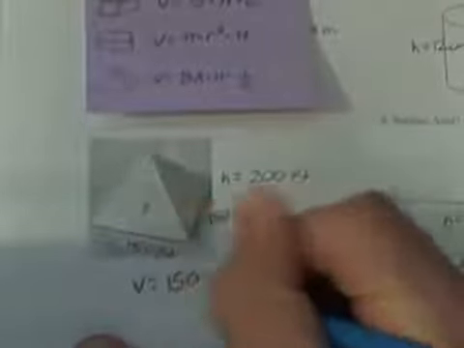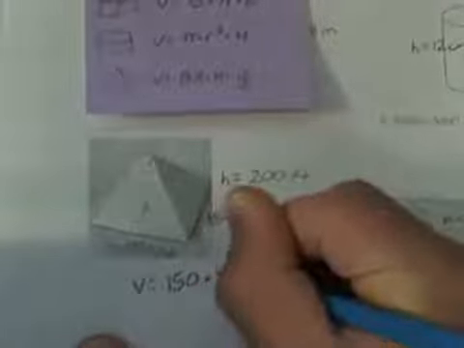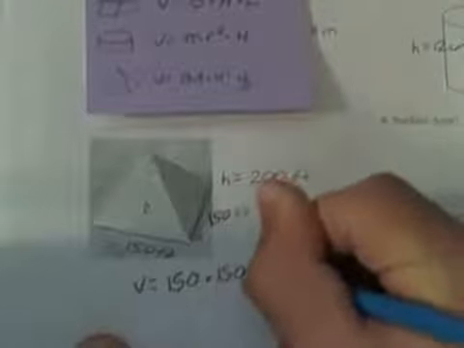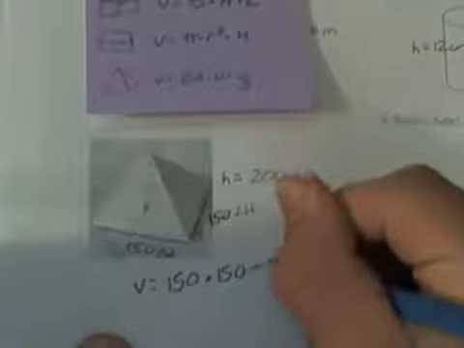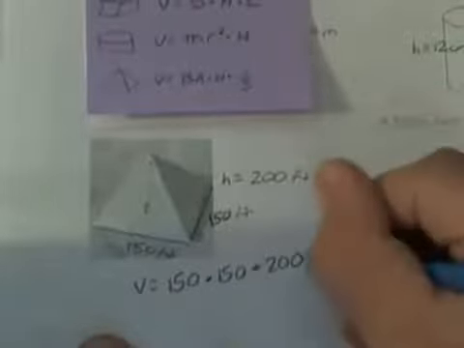Volume equals 150 times 150 times our height of 200. It's given right here, times 1/3. We have a lot of big numbers here. We can go ahead and use a calculator. 150 times 150 times 200 gives us an answer of 4.5 million.